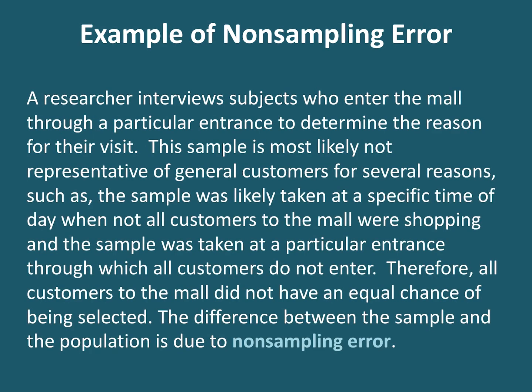So an example of a non-sampling error: let's say we have a researcher that interviews subjects who enter the mall through a particular entrance to determine the reason for their visit. This sample is most likely not representative of the general customers for several reasons. For example, the sample was likely taken at a specific time of the day when not all customers to the mall were shopping.